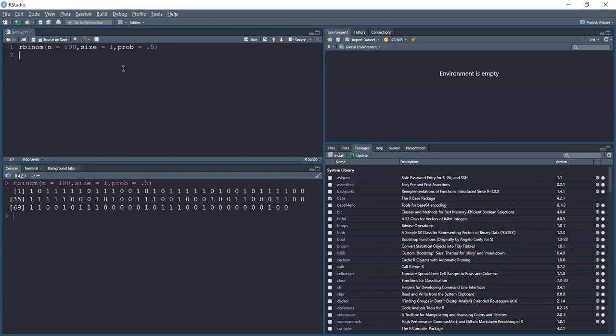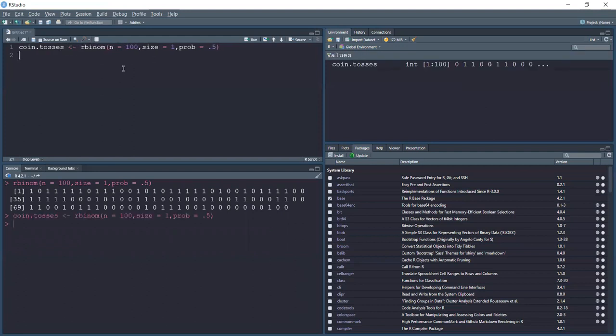Now, I can save these as a vector, so I could call them coin tosses. Now I can calculate the mean. And the mean is, as you would expect, close to 0.5.